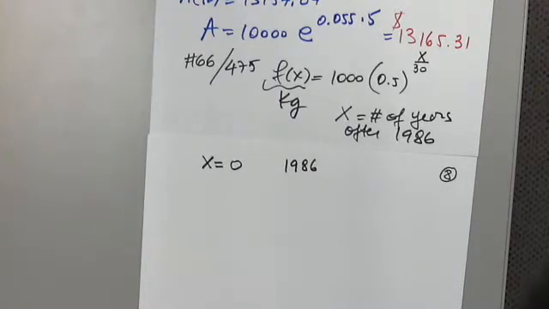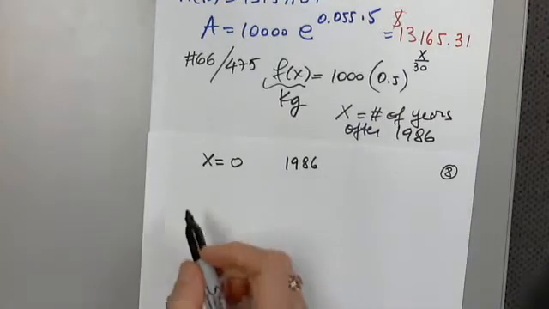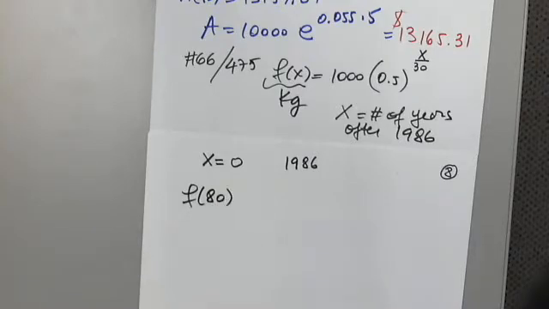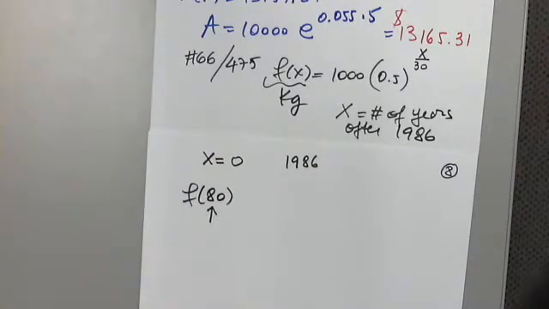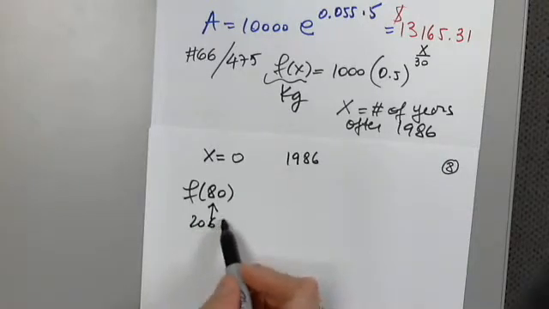Okay. If even 100 kilograms of cesium-137 remain in Chernobyl's atmosphere, the area is considered unsafe for human habitation. Find f of 80, and determine if Chernobyl will be safe for human habitation by what year is this? 2066.